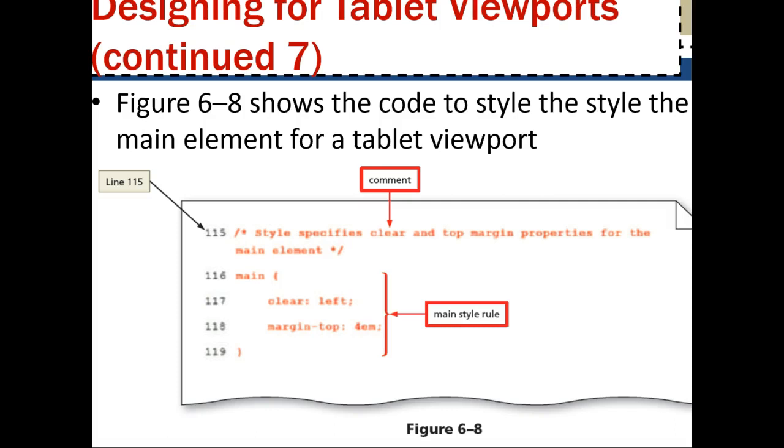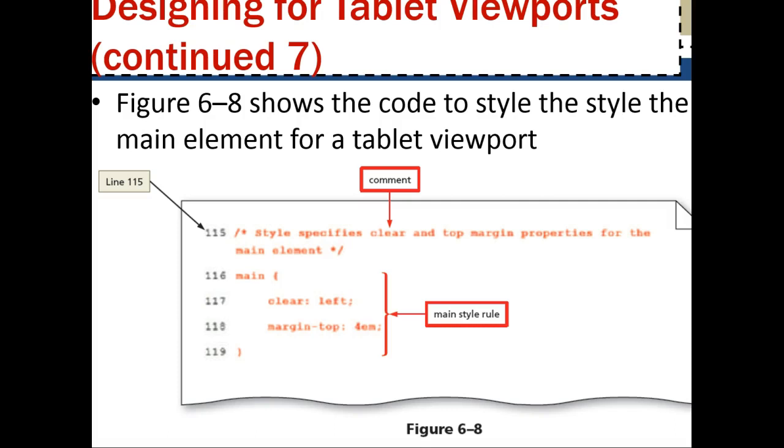Line 118, we put margin top 4 em. And on line 119, we close it. So what does clear left do? It clears the float to the left of the main element. The float was specified for the navigation list item, and clearing the float displays the navigation links above the main element rather than within the element itself.